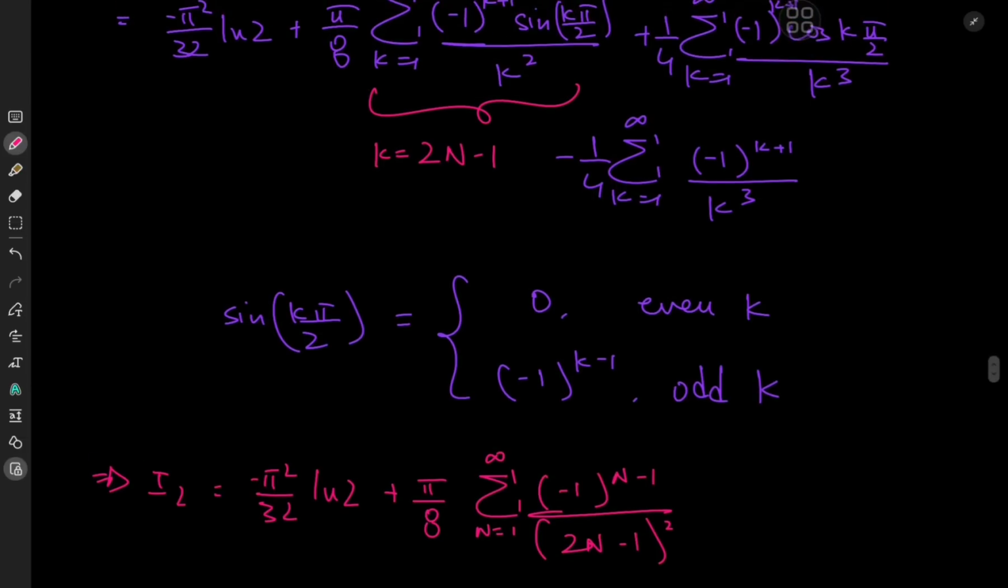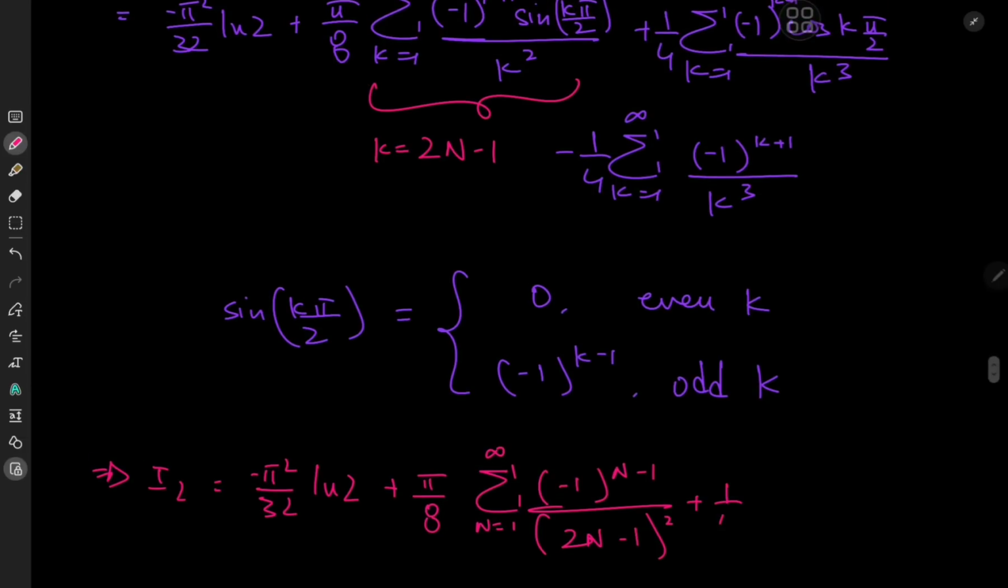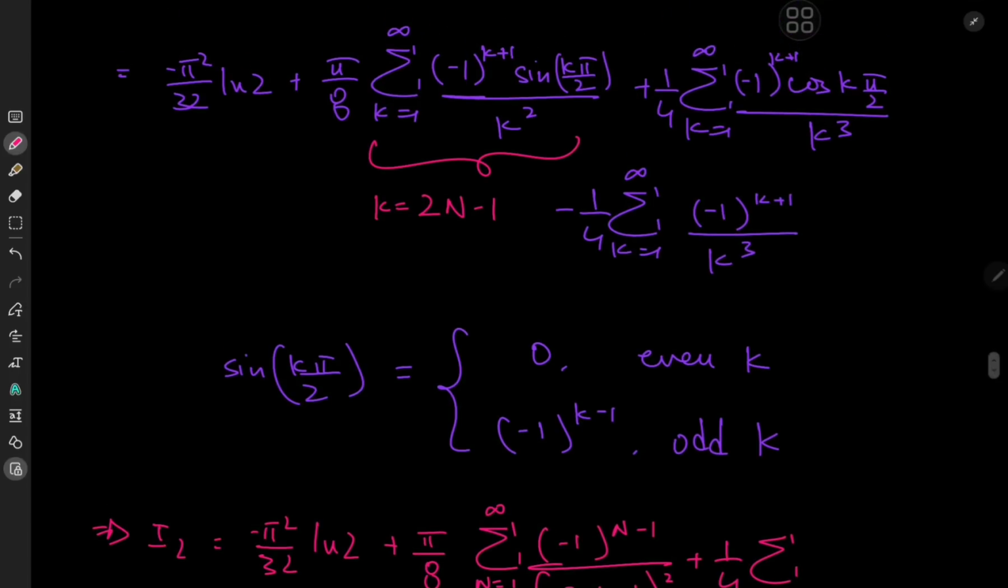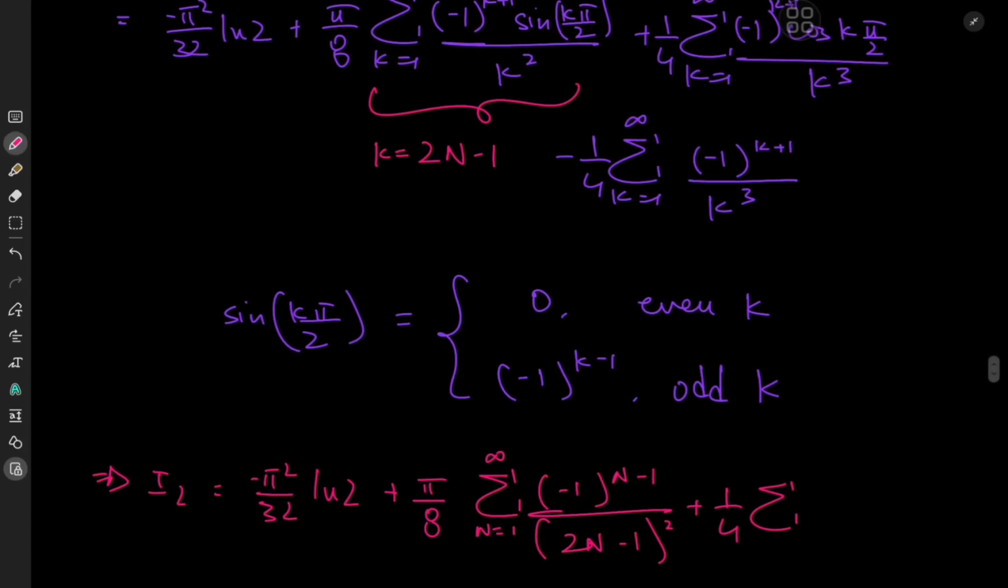Now, what about the cosine term later? Well, we have a quarter, and we have the sum over k. Whenever k here is odd, then we have cosine being 0. So we need k here to be even. So k here equals 2n, and again starting at 1.